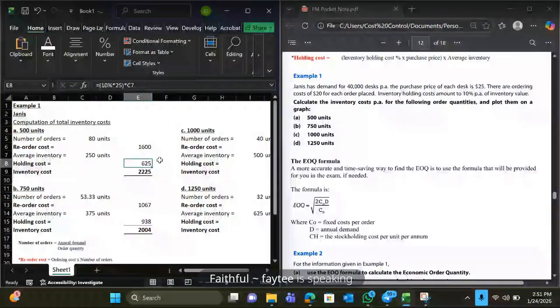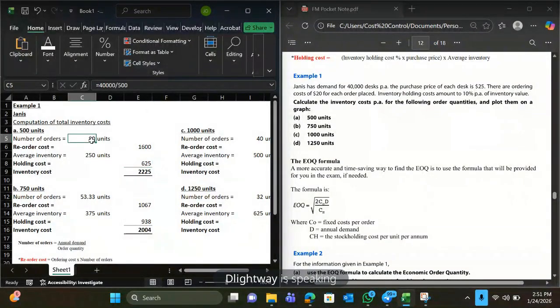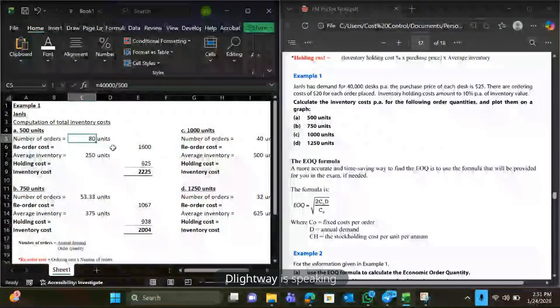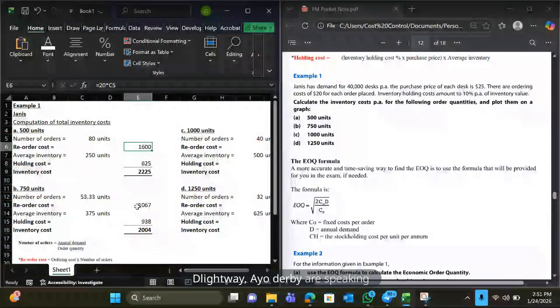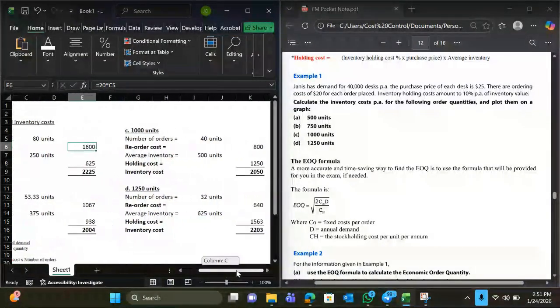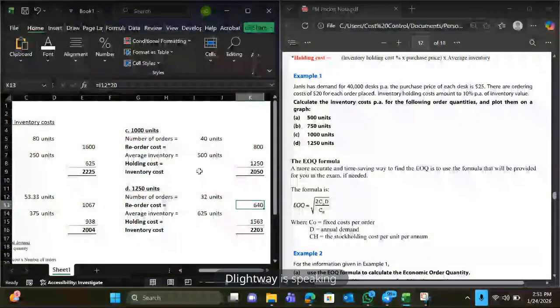All right. So let me quickly do a recap of what I explained so that we can get it. The lower the number of orders, the lower the reorder cost.